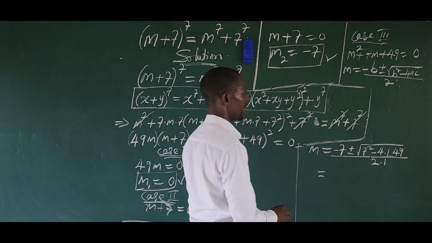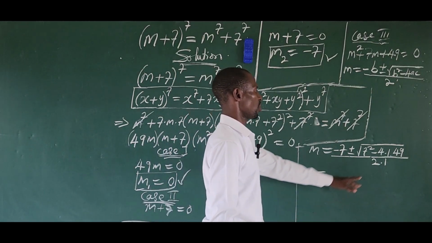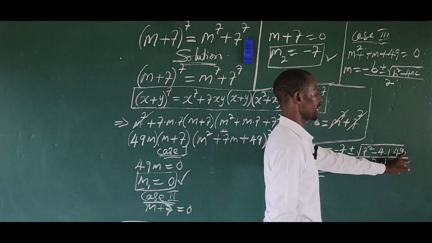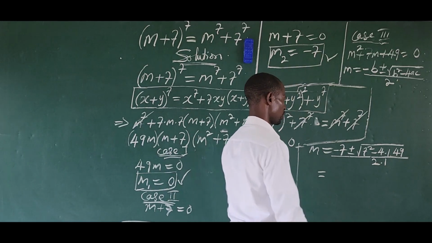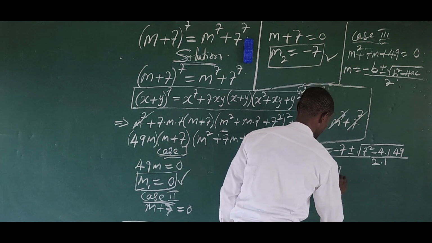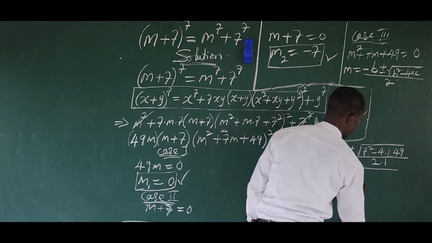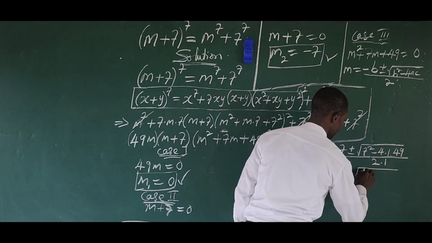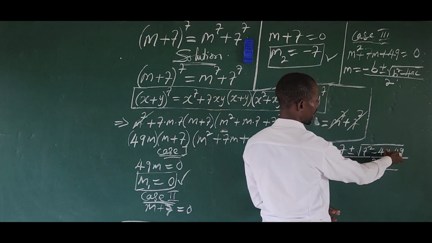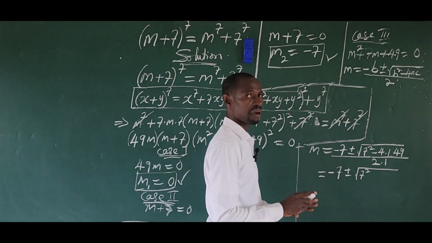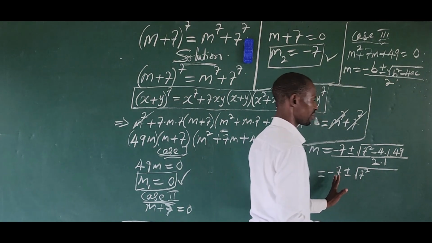If we simplify this, we can express 49 as 7 to the power of 2. So this gives us minus 7 plus or minus the square root of 7 to the power of 2, and because we can express this as 7 to the power of 2, we bring 7 out.